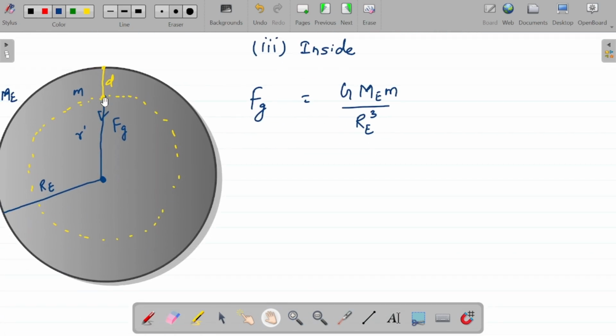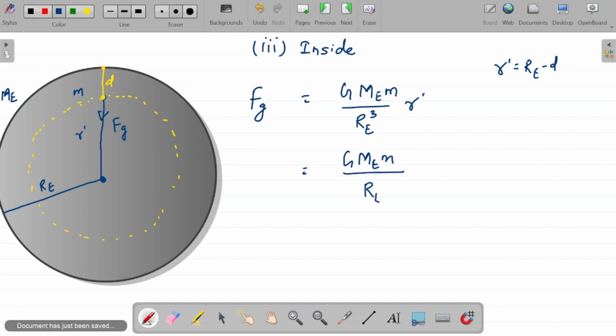This will be the distance r prime. Now this r prime, if we are trying to write in terms of radius of the earth and its depth from the surface, this r prime will be Re minus d. So we can write G Me into m. Here I have taken m instead of m prime, and Re cube into Re minus d.